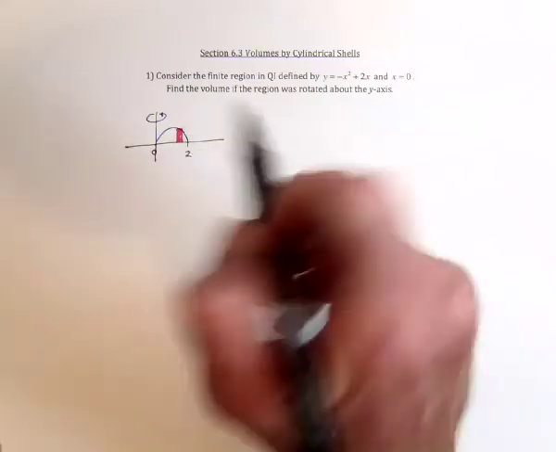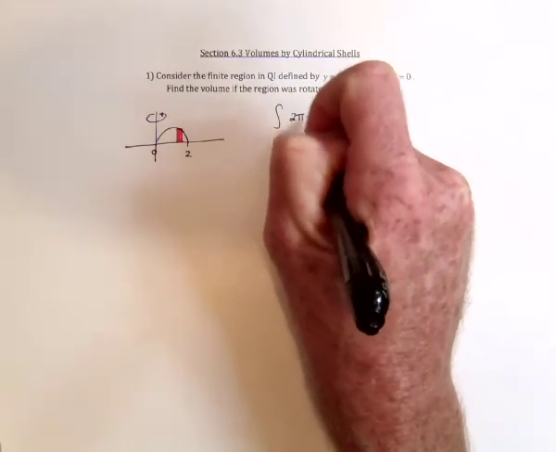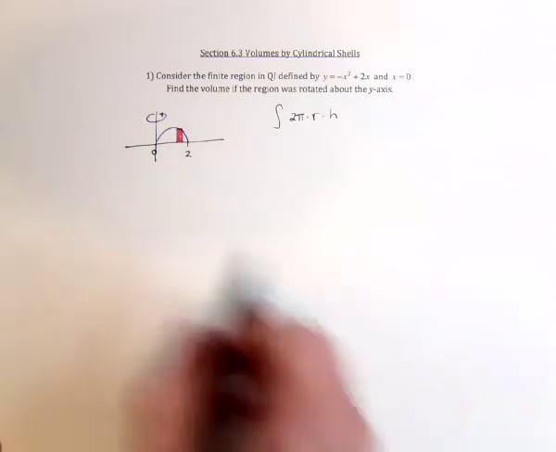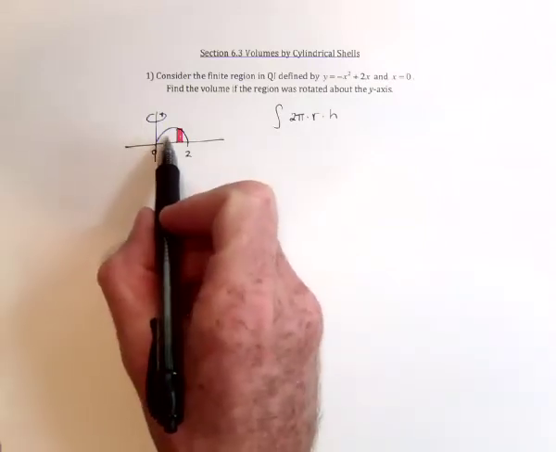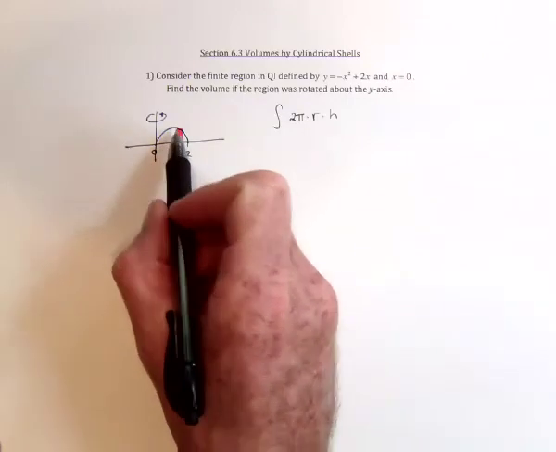So the general formula is integrate 2 pi times the radius times the height. So you need to know, well, what's the radius as you hold this shell out this length? And how tall is it?